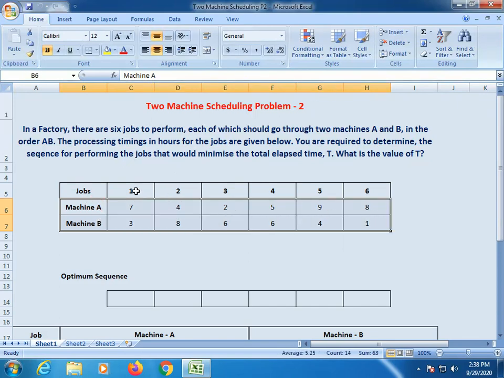processing times. So here we have to perform each job on two machines.